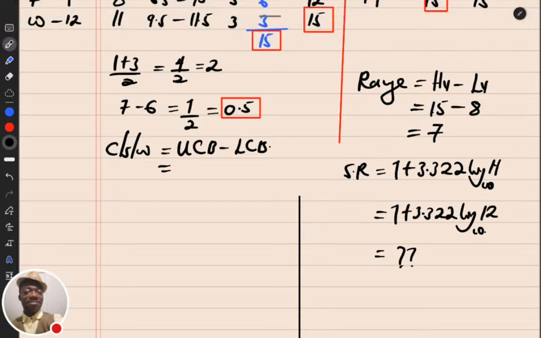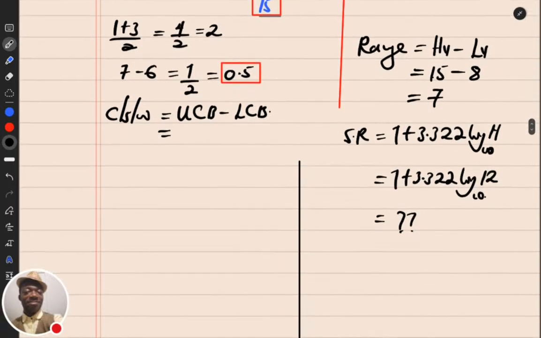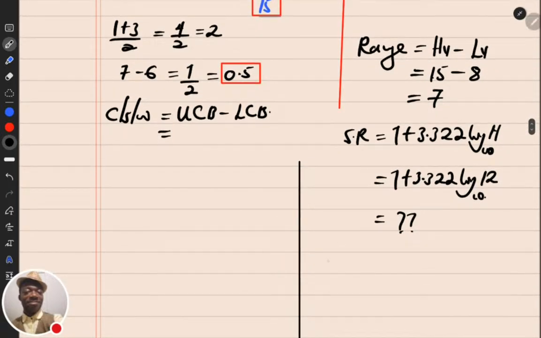Once we know Sturge's rule, we are good to go. Then to calculate the width of the class using this ungrouped data, the class size or width is supposed to be equal to the range divided by the number of classes desired.